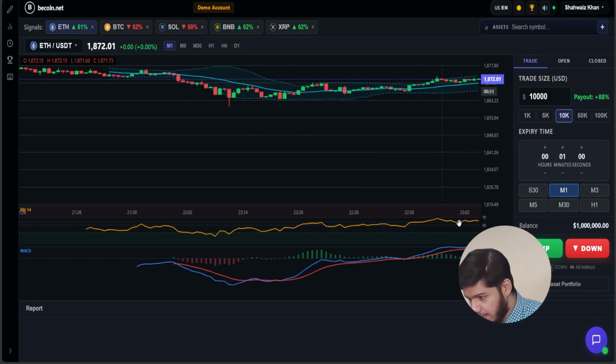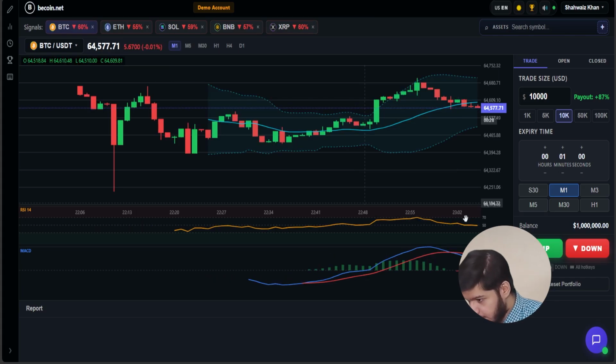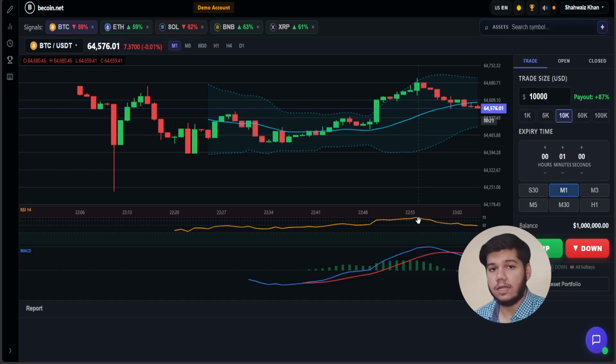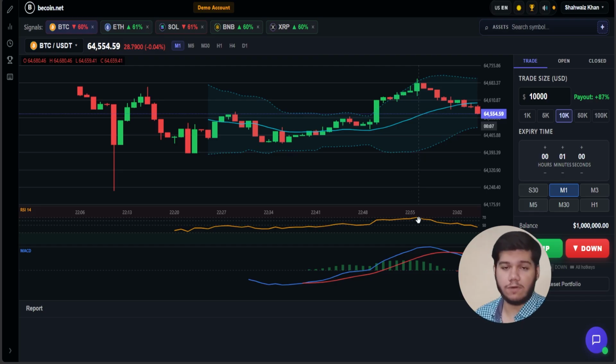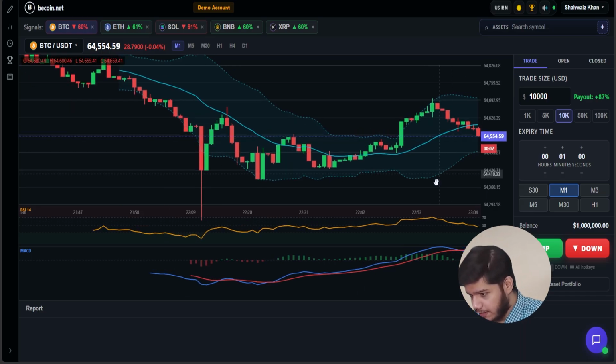And whenever the RSI is above the 70% region, like right here where my mouse is, it means that the price is currently in a supply region, or the pair or coin or whatever market you're using is in the overbought zone, which means that the pair is very heavily bought. Now you should expect a correction after this long momentum period. So here you can see that RSI was at the 70% level right here, and the price starts coming downwards along with the RSI.